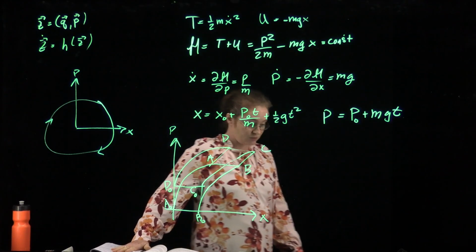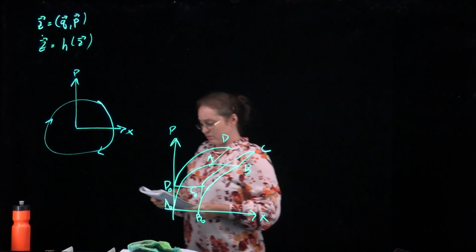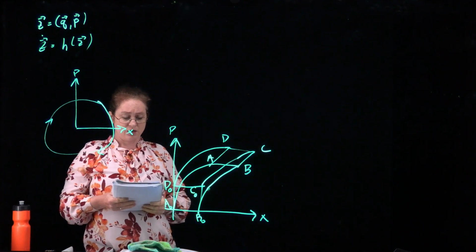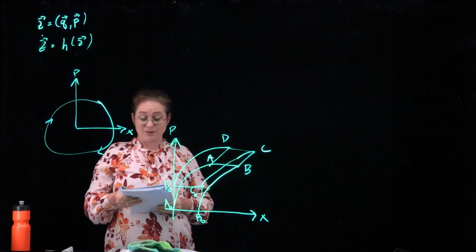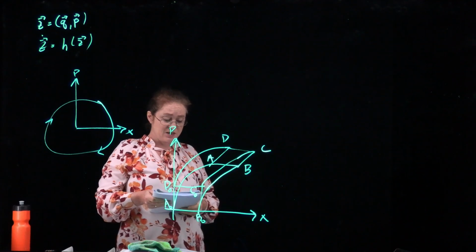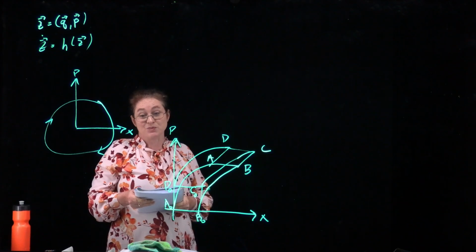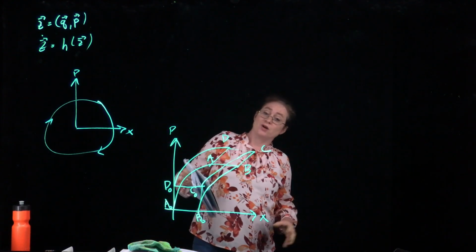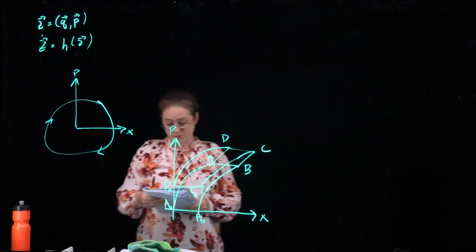And that leads into Liouville's theorem. So we often want to look at a collection of identical systems, such as might be useful in statistical mechanics, where you don't know what happens to each individual gas molecule, but you still want to describe what happens to the large set of all gas molecules.